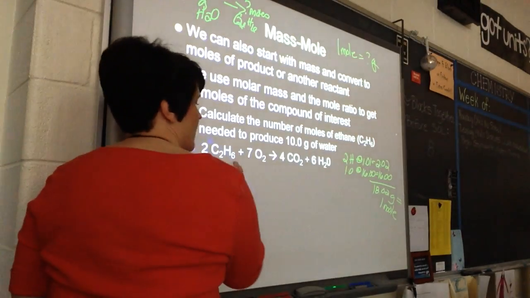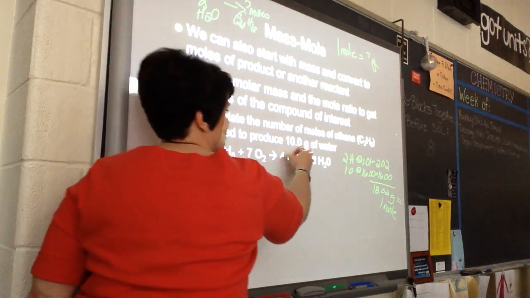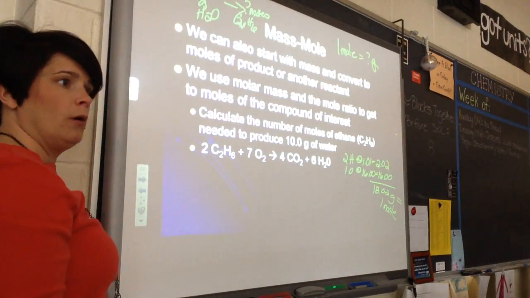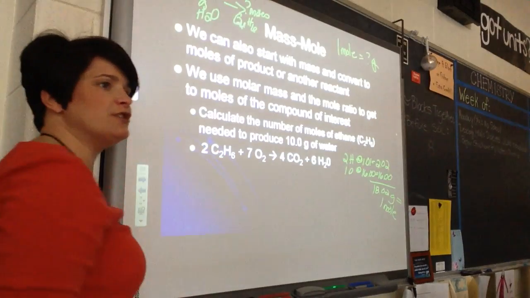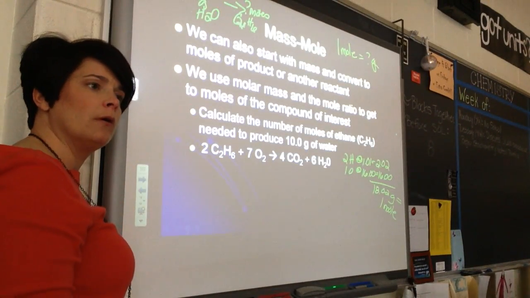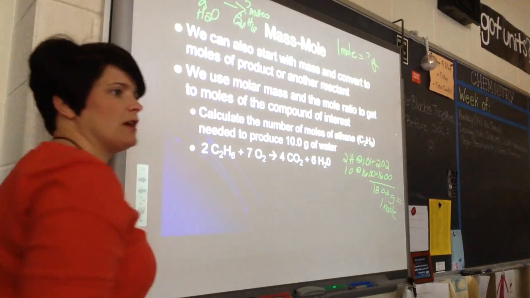Guys, this equation has 4 things in it, yes? It's got ethane, oxygen, CO2, and H2O. How do I know which molar mass to go over there and do? Why didn't I do the molar mass of ethane over there? Why didn't I do the molar mass of CO2 over there?